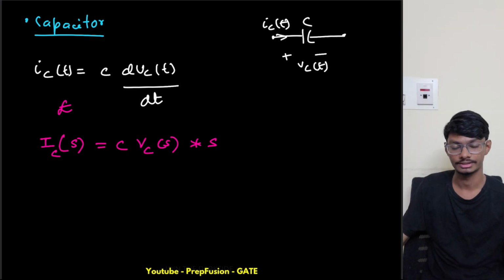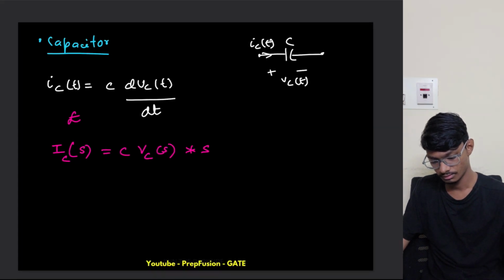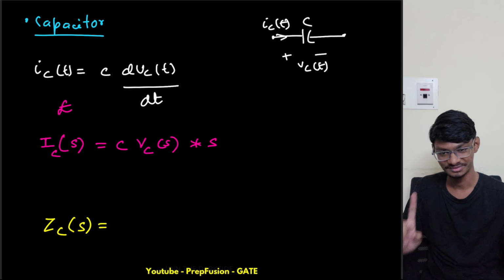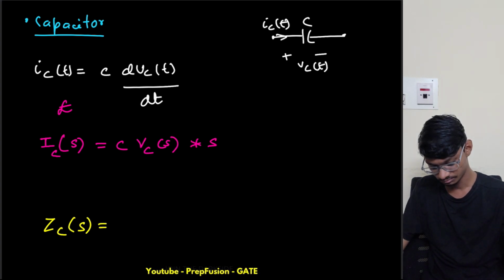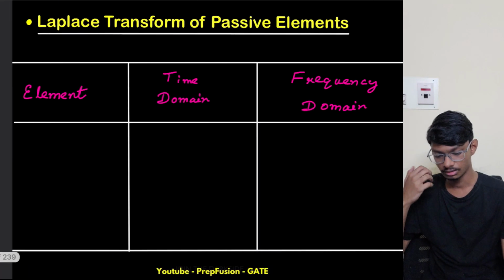So now what is the impedance of this capacitive circuit? ZC of S equals VC of S by IC of S equals 1 by CS. Okay, so this is the impedance for a capacitive circuit.